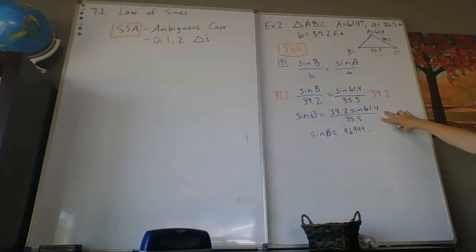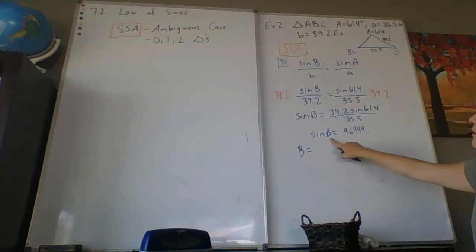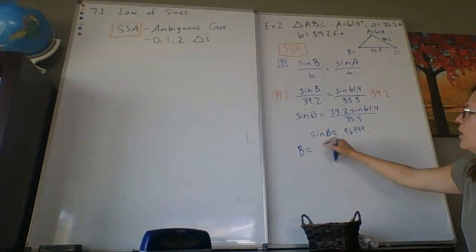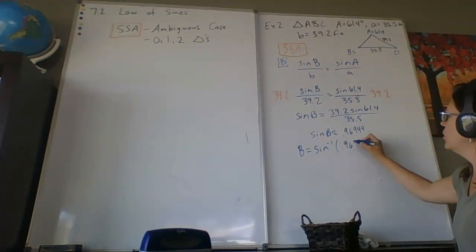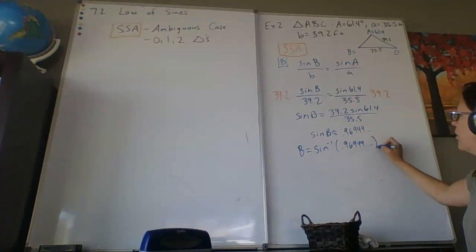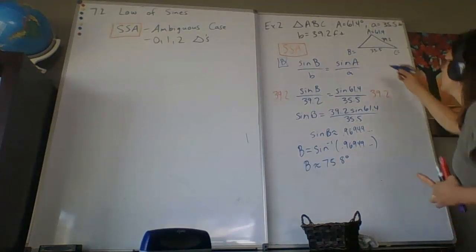So plugging this right-hand side into the calculator, we get sine of B is approximately 0.96949. In order to find angle B, we have to find sine inverse of that value. I will use the answer function to keep all of the decimals in there, and we get 75.8. So B is approximately 75.8 degrees.